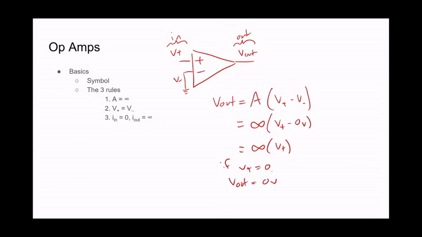If it's slightly less than 0, V out would equal negative infinity. And if it was slightly greater than 0, V out would equal, you guessed it, positive infinity.